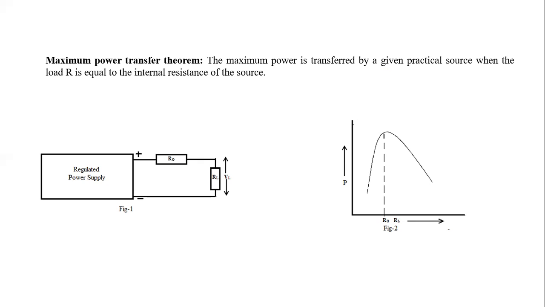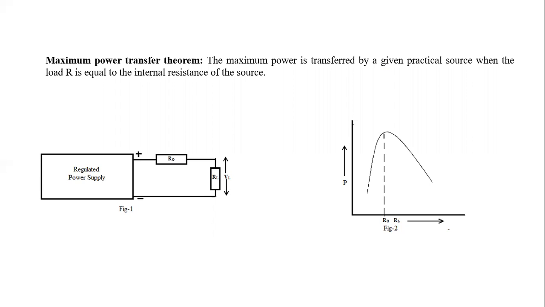So the circuit will deliver the maximum amount of power when the load resistance is equal to the internal resistance of the circuit. We have already measured, when we went for Norton's theorem, what the internal resistance, the equivalent resistance of the circuit is. We have already got that, that is Rn.